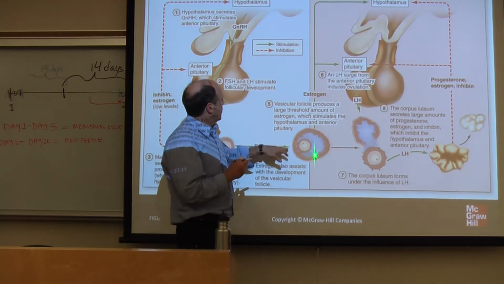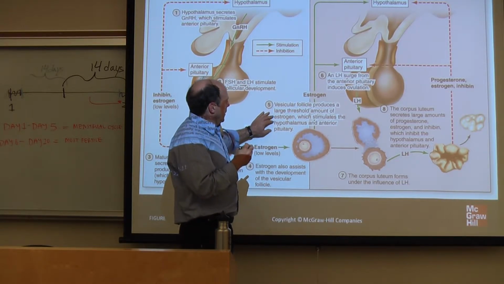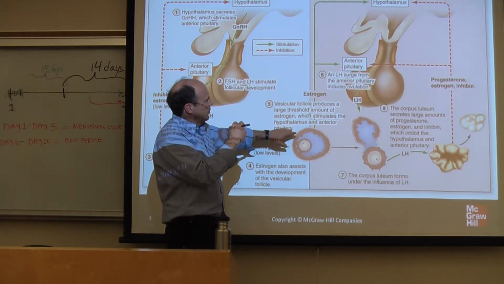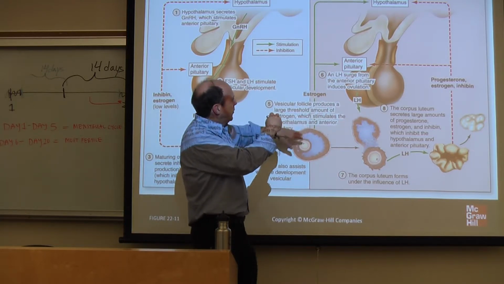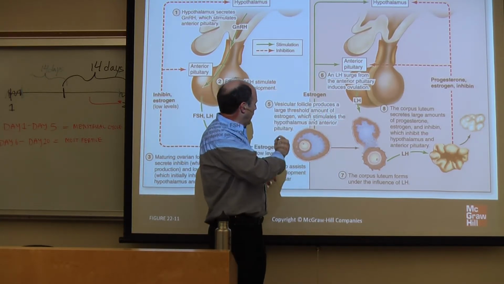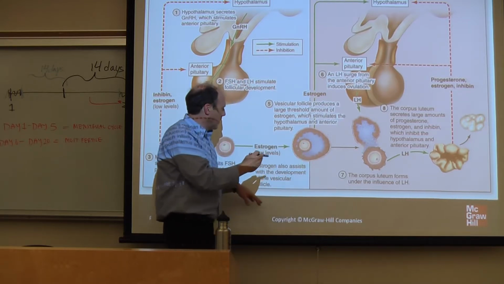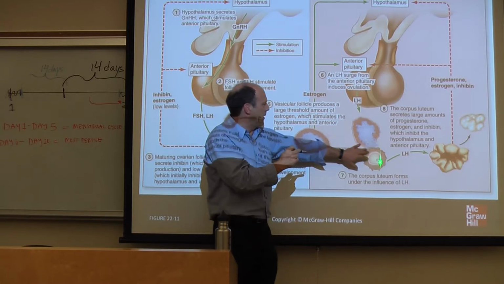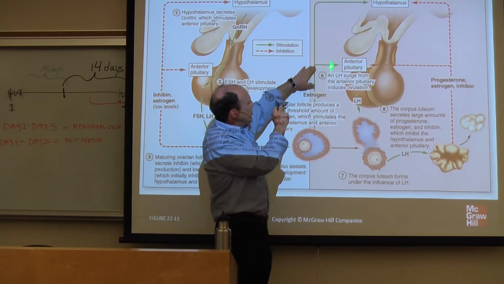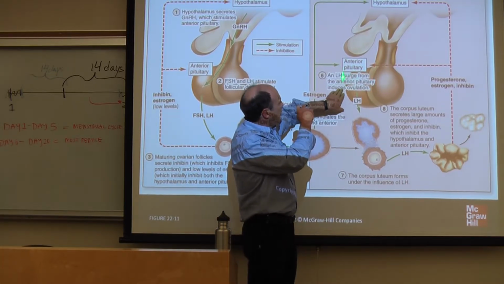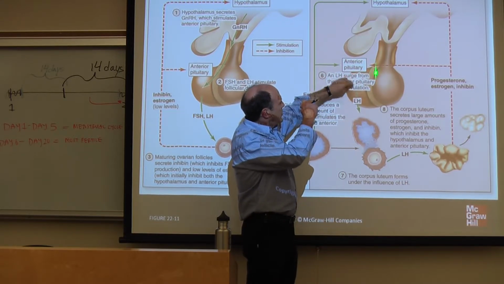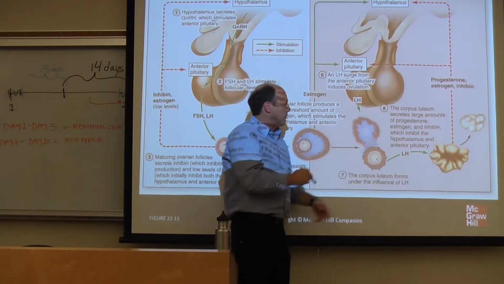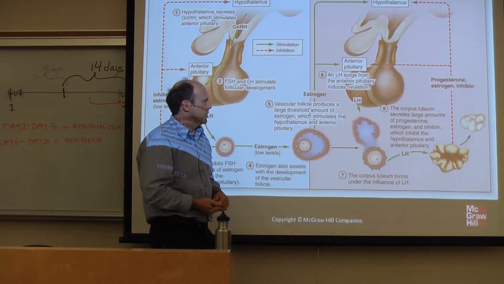And let's see, we go up here. There's a feedback loop to this, is what they're showing you. Once there's estrogen being produced down here with the follicle that's about to be ovulated, there's enough estrogen there to feed back to the pituitary, and it's going to release luteinizing hormone, which actually then triggers ovulation.